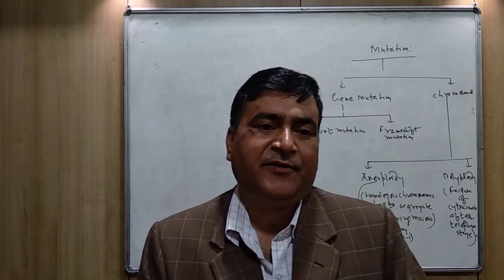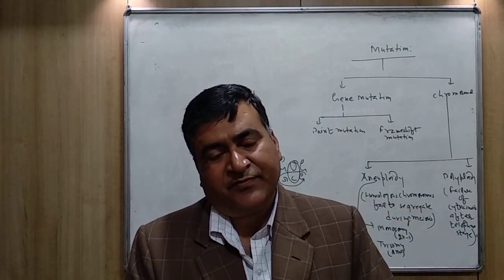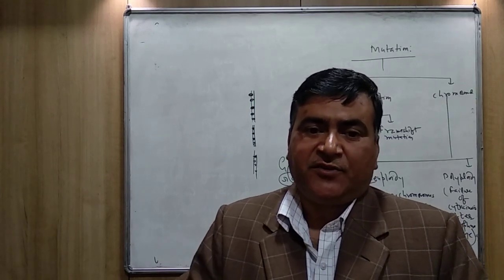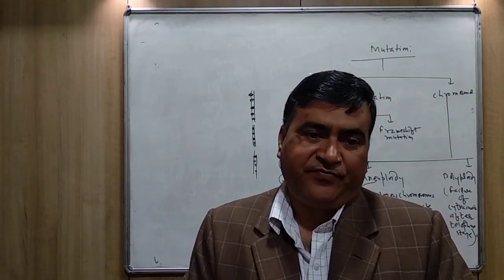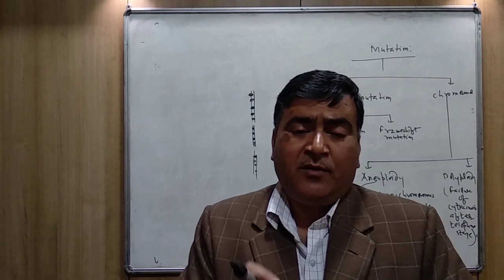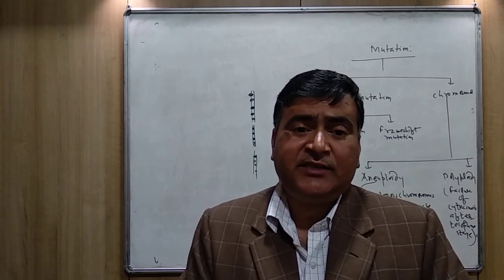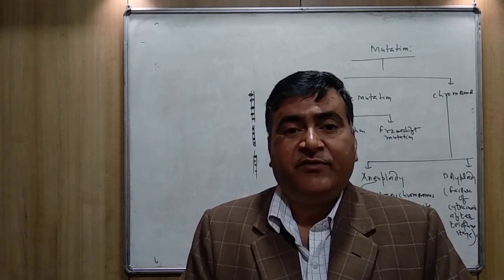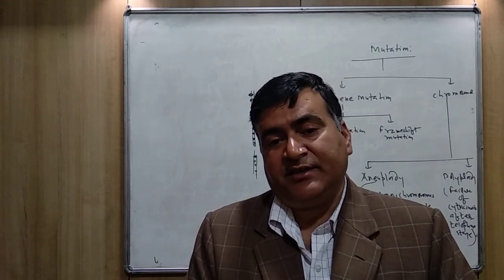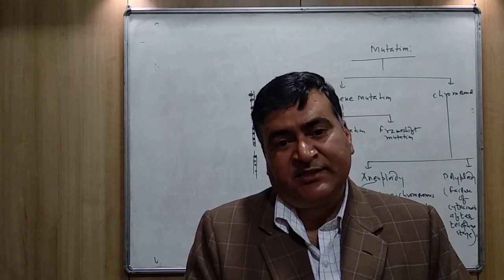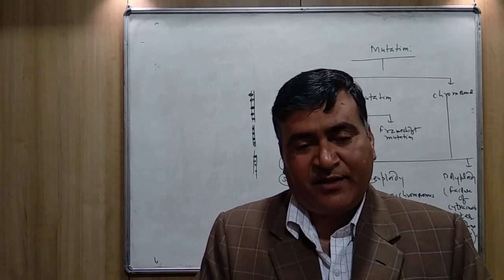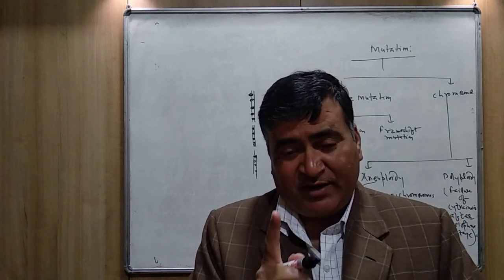Here I think there is no need to discuss sickle-cell anemia, as it is included in Mendelian disorders. So overall, point mutation is a type of gene mutation in which a single base is changed into another base, and the example of point mutation is sickle-cell anemia.